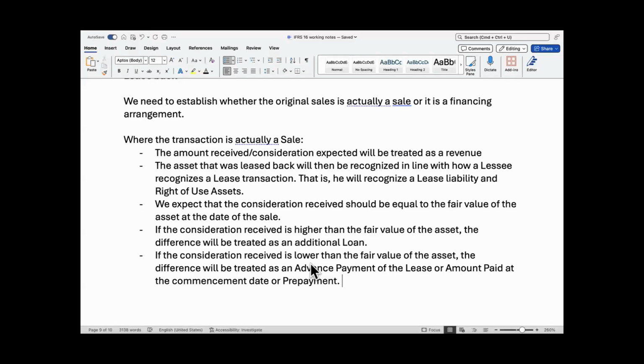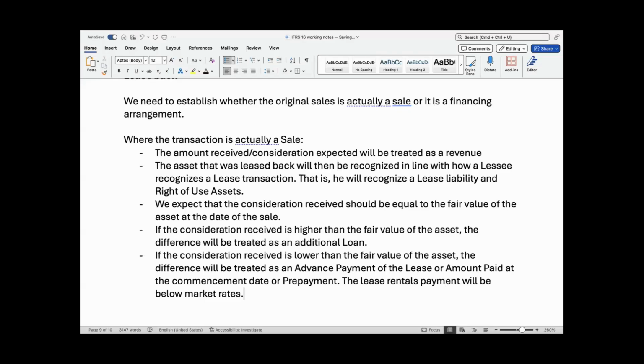that means you have already paid part of the lease rentals, in such a way that the subsequent lease rental payments will be below market rates.